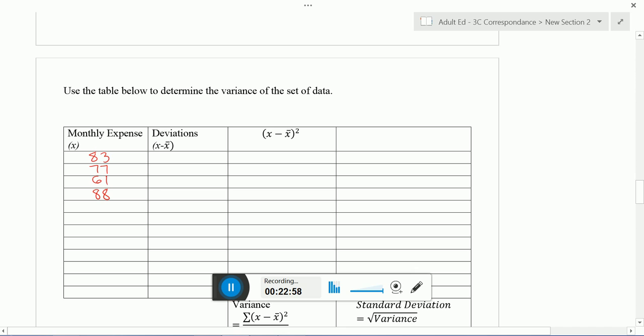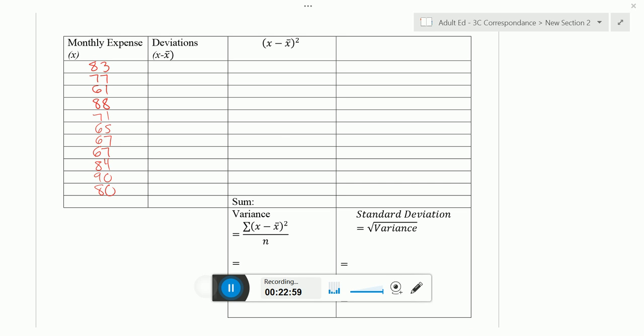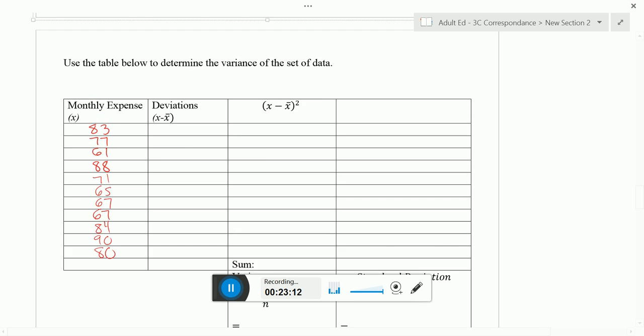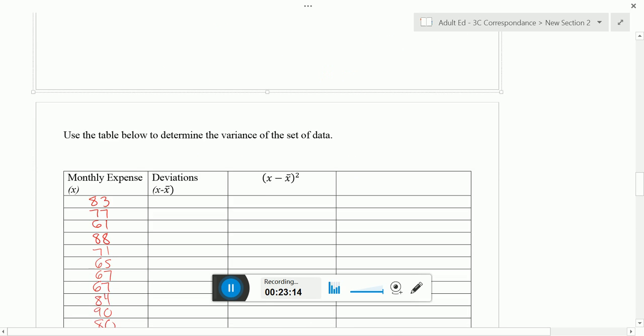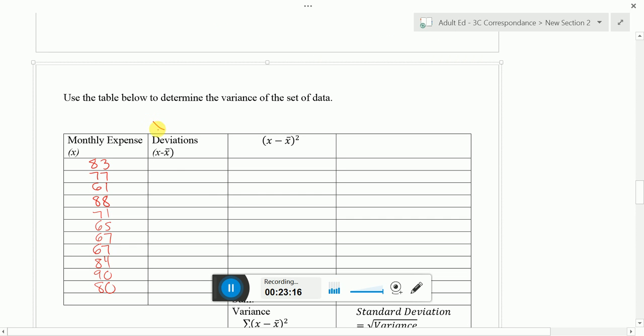And so again, we're just filling all of these in. Once we've filled in each number, we're going to find that deviation. Again, the deviation is the difference between the actual expense and the average. Our average was 75.72. X with a line across is another way of showing average.